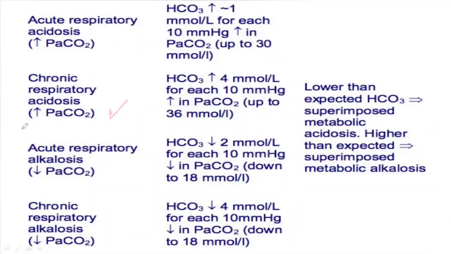Now, how does compensation occur for acute and chronic respiratory acidosis? For every rise of 10 mmHg of PaCO2, there will be a rise of 1 millimole of bicarb in acute cases. For chronic cases, bicarb will rise by 4 millimole for every 10 mmHg.